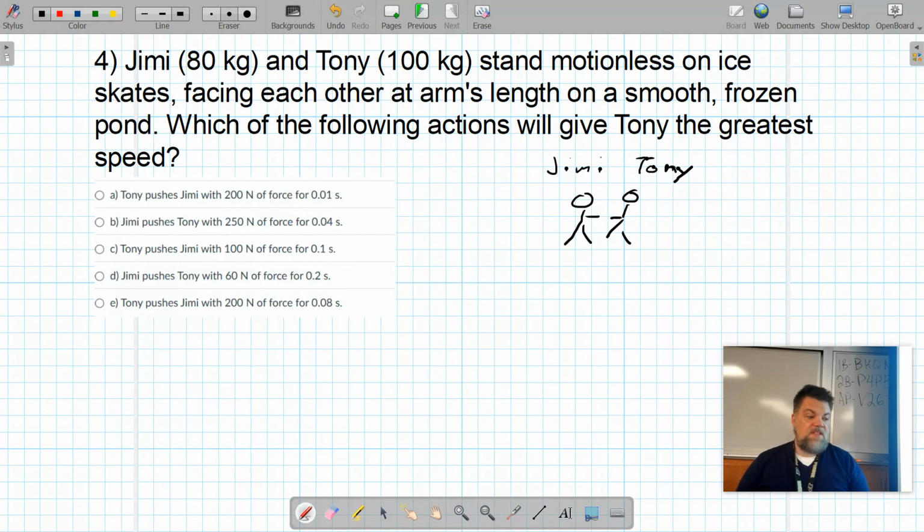So what does that mean? Well, we said in the last problem that the impulse, because if you notice everything is in Newton seconds, so that's an impulse, is equal to the force times delta t, and it's also the change in momentum, right?